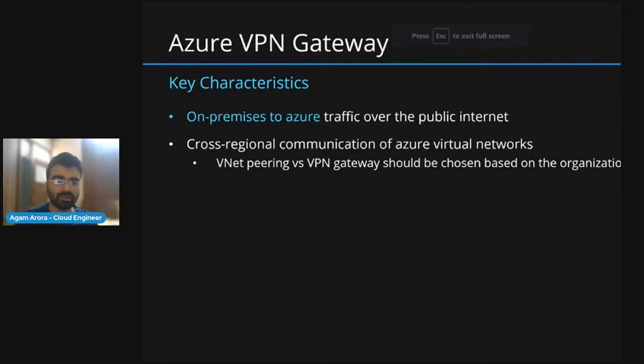But the VPN gateway is used generally if we want to connect our Azure VNets and the resources within to on-premises. That is a difference here. Generally, we can use the VPN gateway also to connect two virtual networks, but that depends on the particular scenario we are looking at. But generally, VNet peering is used to connect two VNets.